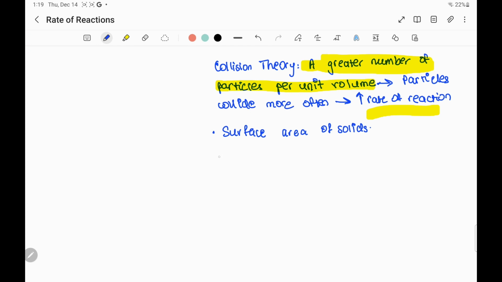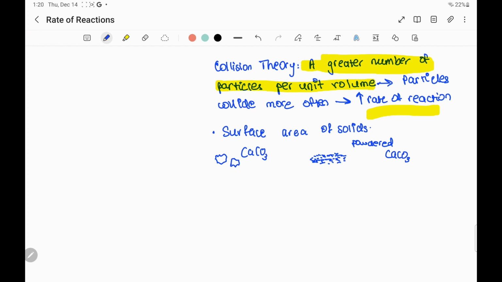Now, if you have these 2 lumps of calcium carbonate, for example, and I decide to turn this into powder, using a mortar and pestle, whatever, and then it becomes powdery like this. This is powder. Calcium carbonate.